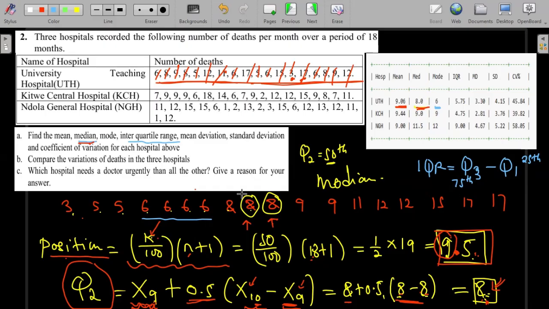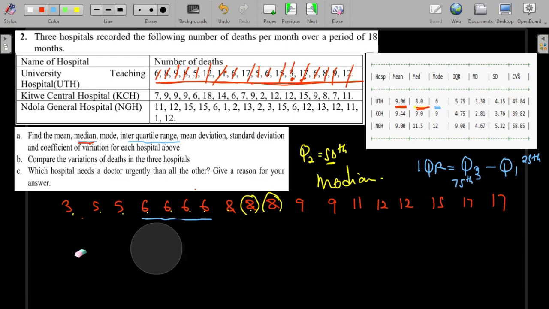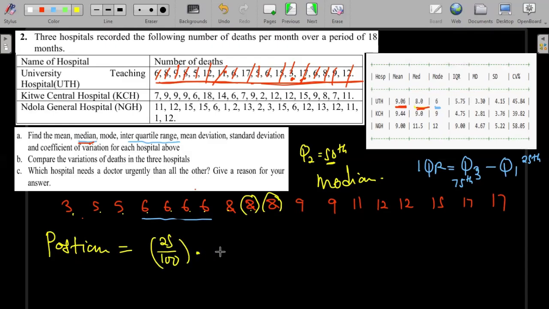So now let's find the Q1. Okay, so I'll erase this. So for the Q1, using the formula for the position using the percentile, the position will be equal to the percentile that I'm interested in, in this case 25 over 100, then multiplied by n plus 1.